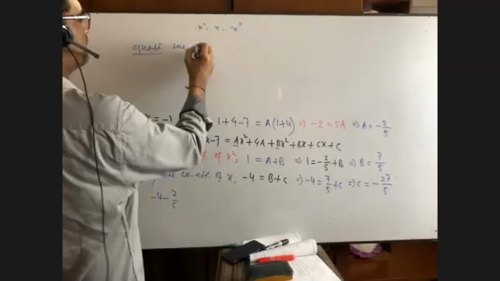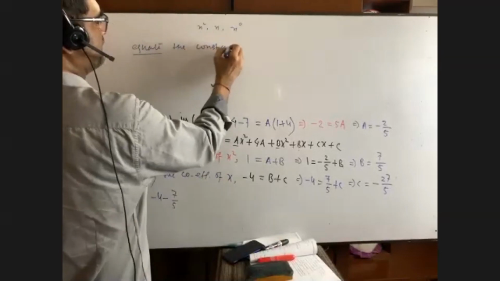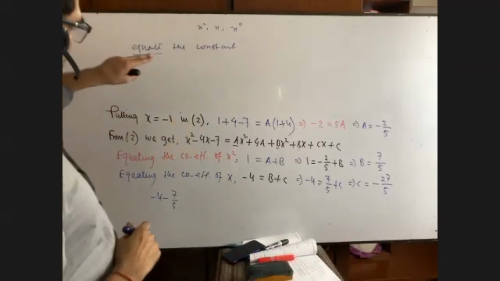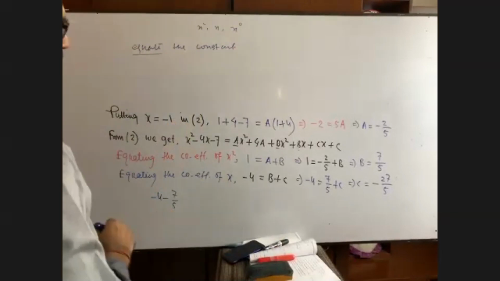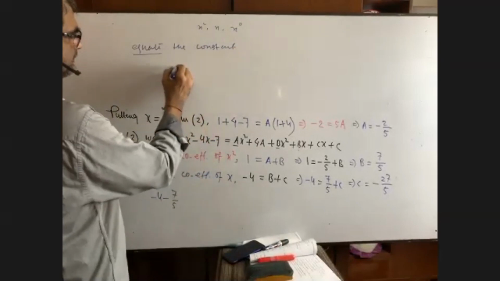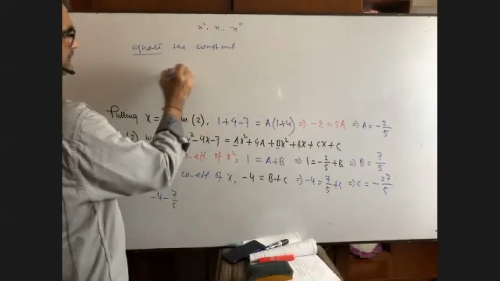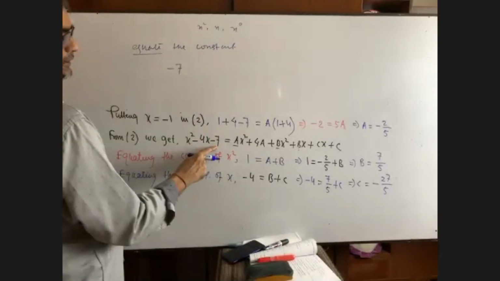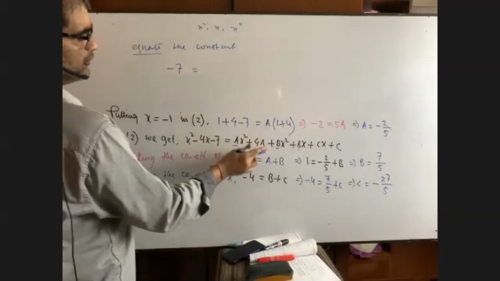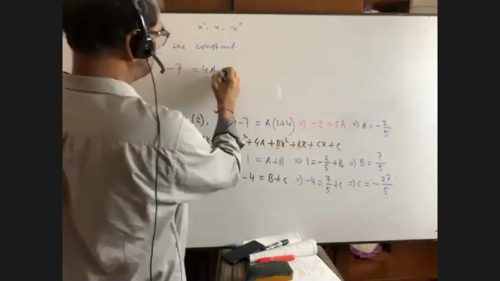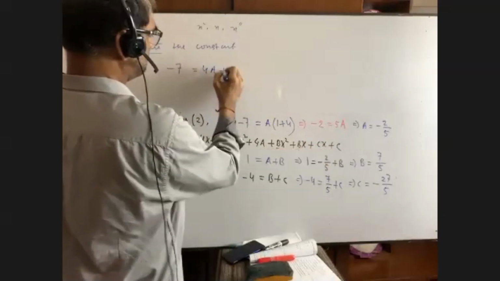If we equate the constant term, it is for additional information. The constant is minus 7, and on the other side it is 4a and c.